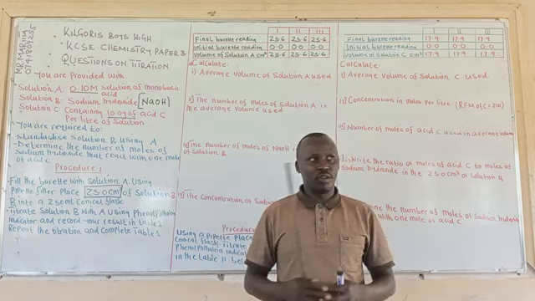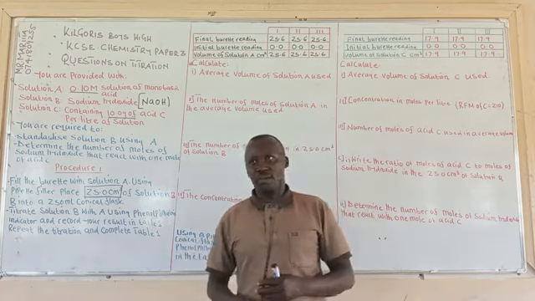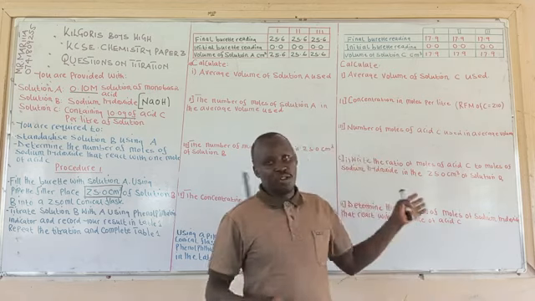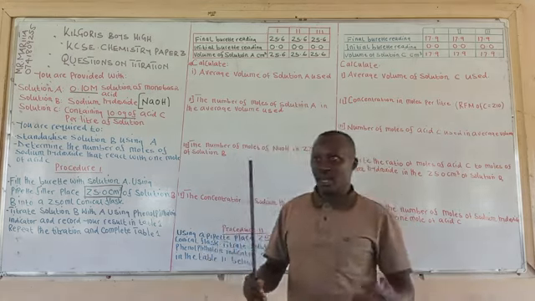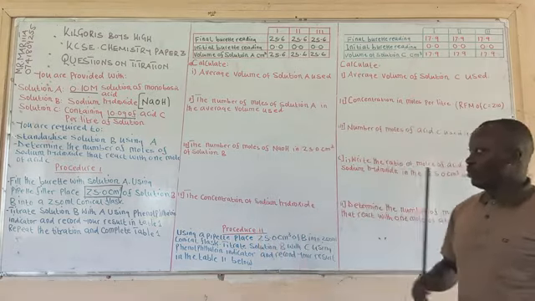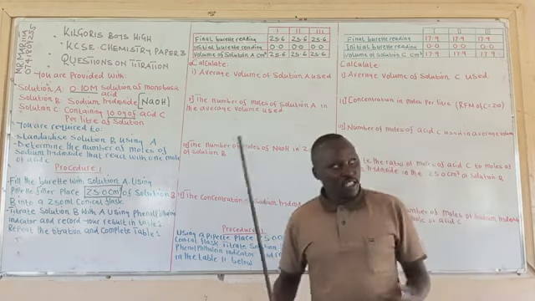If the concentration is provided, we have the concentration in moles per liter, or the concentration in mass per liter. So in that case you take the concentration times the volume given, then you divide by 1000. Those are the two major formulas that you need to recall from Form 3 to calculate the number of moles. Then what is the procedure?